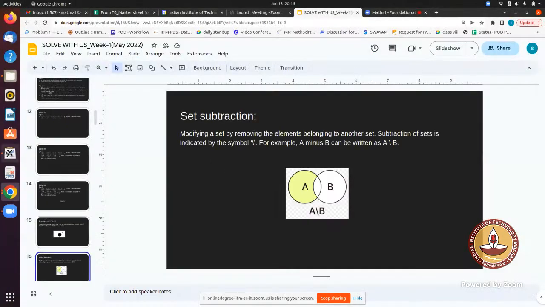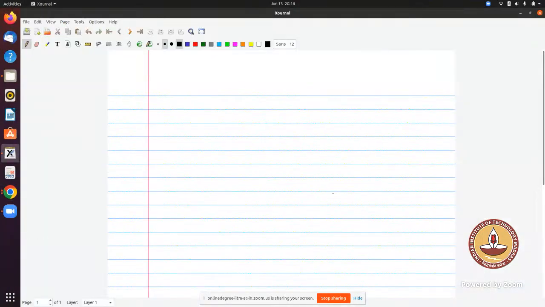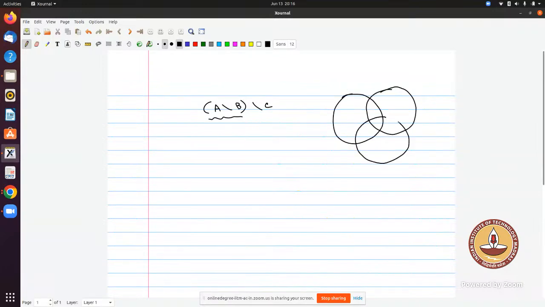So let me write it. You are saying A minus B minus C. This means first you consider this. Suppose I have this: this is A, this is B, and this is C. What is A minus B first?